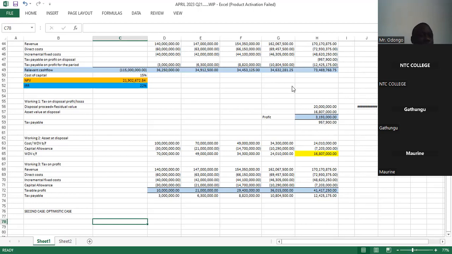Now, so we need to have almost similar workings so that we shall still arrange our work in the same manner.